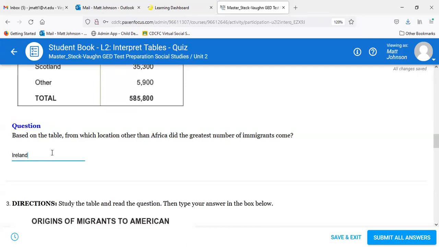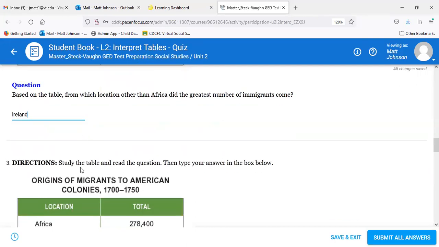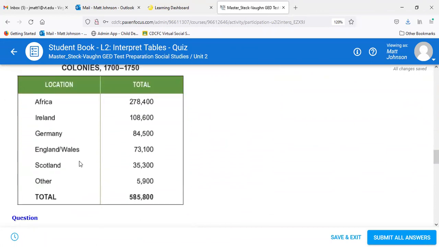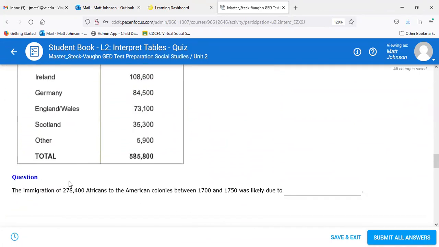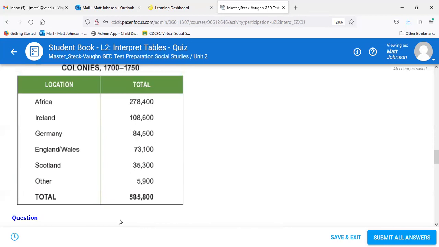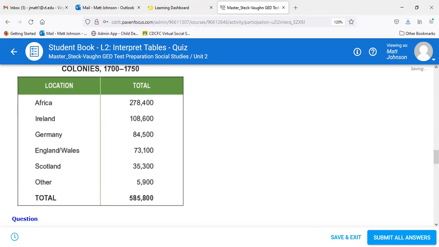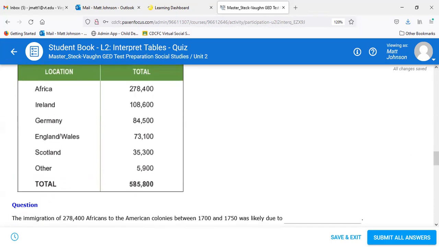Okay, so moving on to number 3. So the immigration of 278,400 Africans to the American colonies between 1700 and 1750 was likely due to blank. What is the reason for that large migration? For greener pastures? Did you say slavery? No, I'm sorry, what?